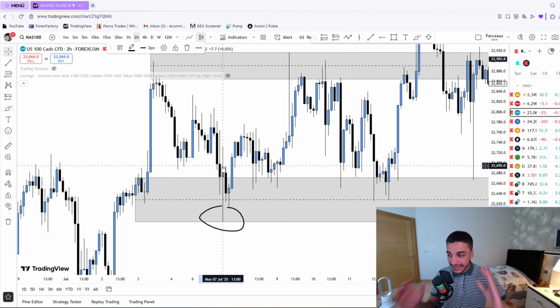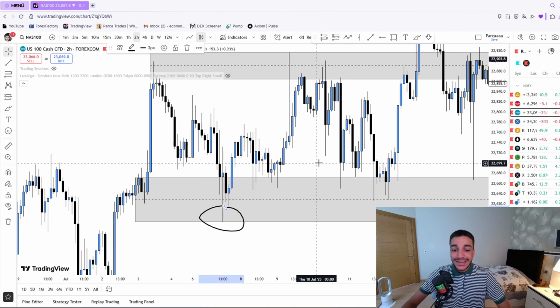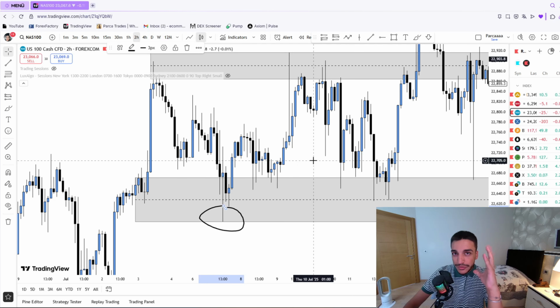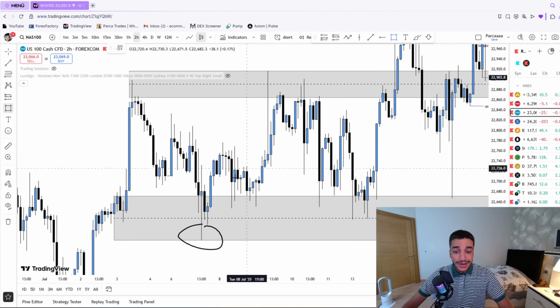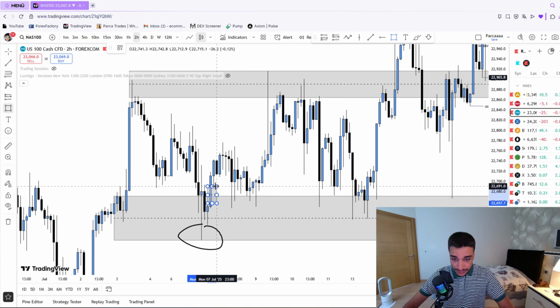All right, so that means our support area is working. Then we are looking for some entry confluences. It could be a liquidity sweep, it could be fair value gaps, whatever you like. Right here in this position we have a fair value gap.